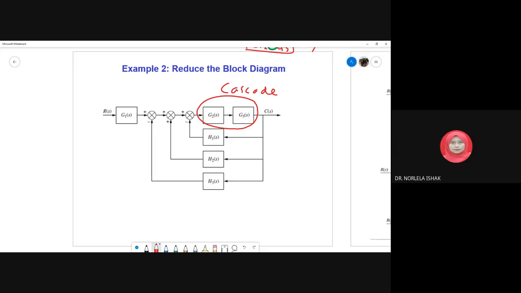Okay, is it possible if the first one is cascade? Let's say I make this one cascade, we can get G2, G3, right? Okay, is it possible instead of feedback three times?